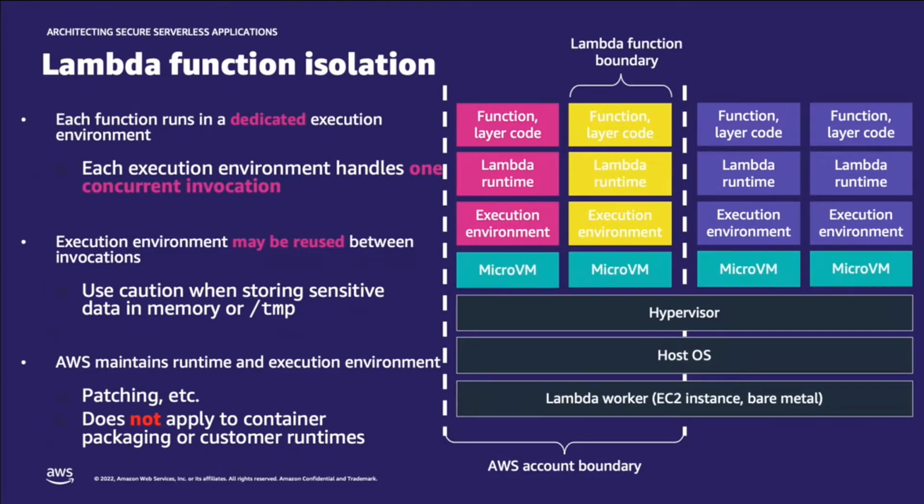And we can deep dive on the function isolation by looking at how the Lambda service provisions the environment for your code to run, right? So basically, when a worker needs to create a new execution environment, it's given time-limited authorization to access a customer function artifact.